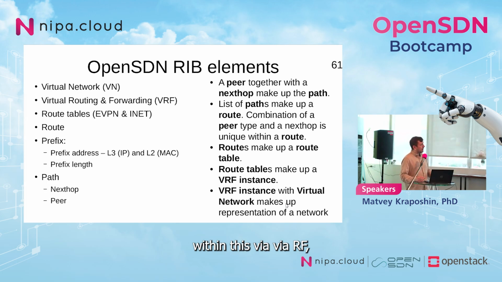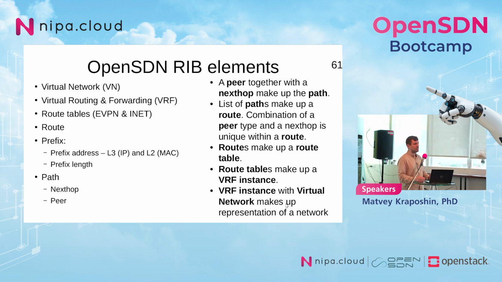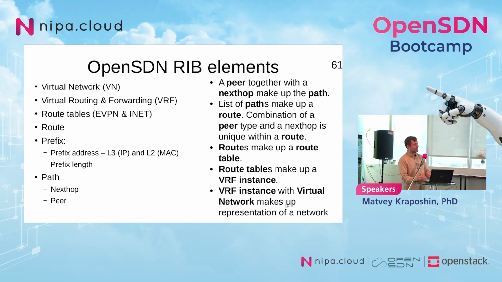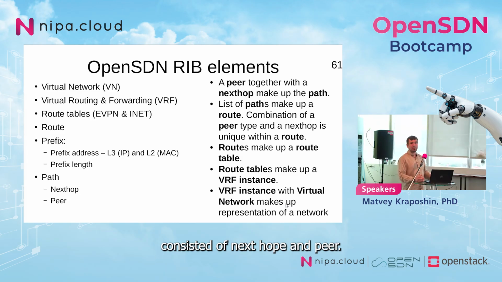Within this VRF, we can have several route tables, and each route table has several routes, and each route has a prefix, which is an address, a destination address where we want to get, and each prefix can be L3 or L2. And each route, in addition to prefix, has a path consisting of next hop and peer. Peer actually is the origin.